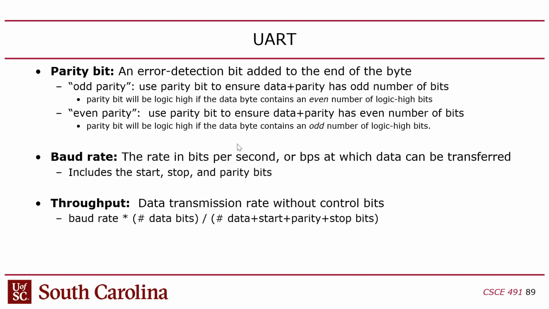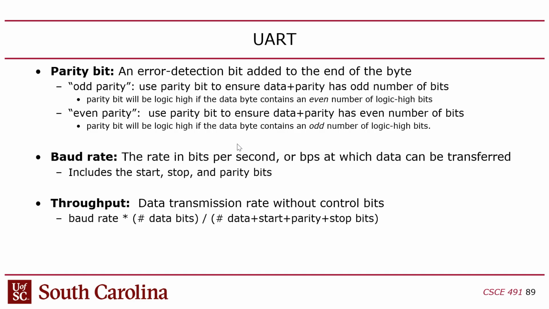The parity bit, if you have even parity, that bit will be 1 if there's an odd number of bits set to 1 in the data, which is totally counterintuitive, right? In other words, I'm going to set my even parity to true if there's an odd number of 1 bits in the data. What's up with that? It makes no sense.